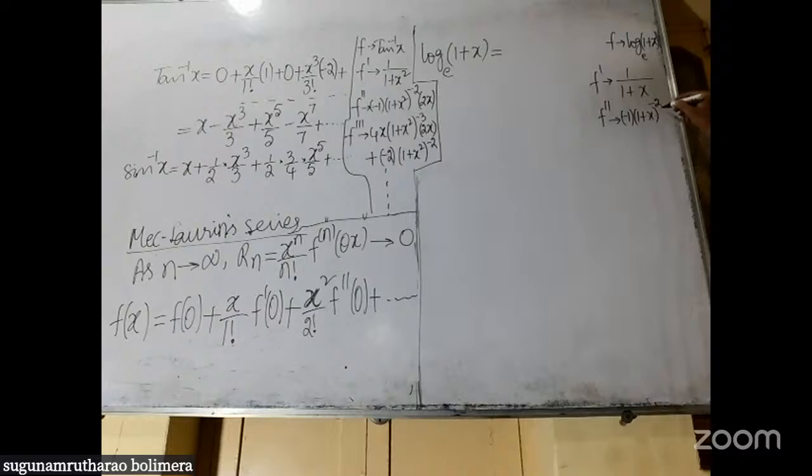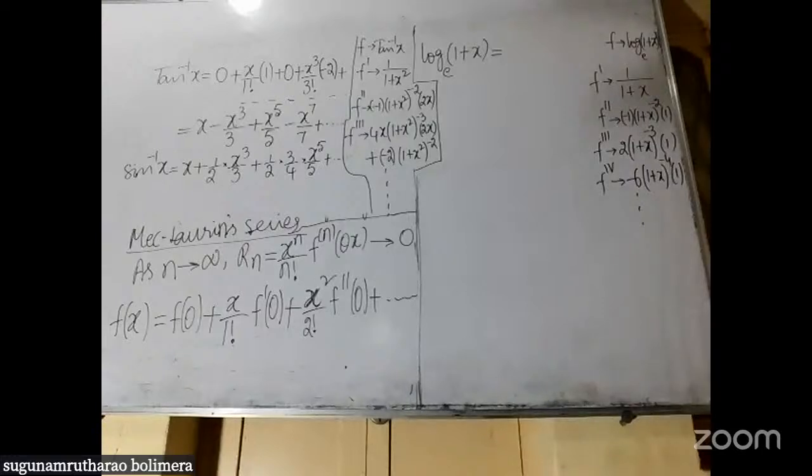The derivative of 1 is 0, derivative of x is 1. F triple dash is 2 into (1 plus x) whole power minus 3. Again the derivative is 1. The fourth derivative of f is minus 6 into (1 plus x) whole power minus 4. The derivative is 1 and so on.